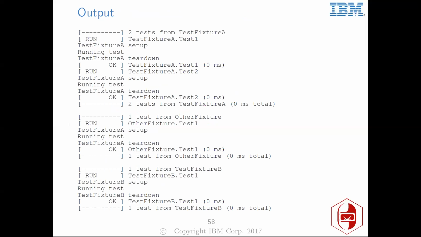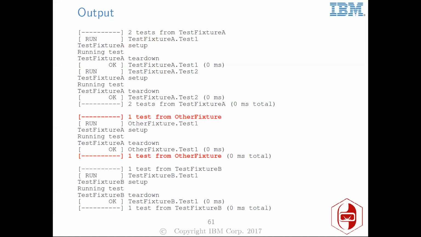So this is what the output looks like if you were to run the code. First, we run the first test case, which gets the name test fixture A. Only 2 tests, because that's all we implemented. The very first test runs, and notice that we indeed do the setup from test fixture A. We run the test, and then we do the teardown for test fixture A. Looking at the next test case, notice that it has a different name.